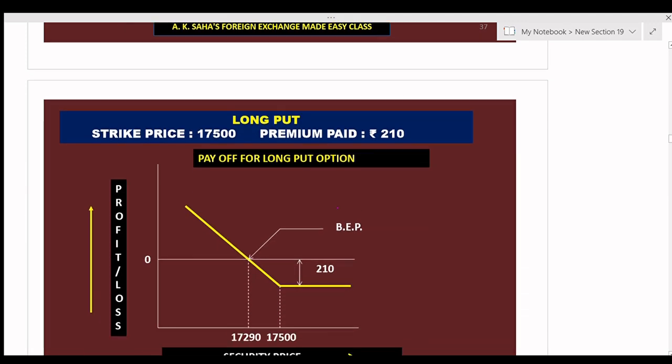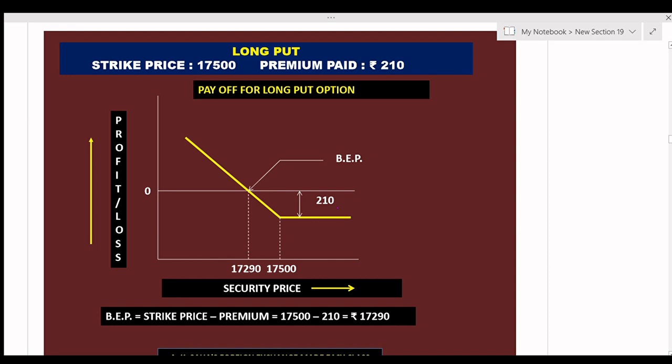Next is long put in equity share. Strike price is 17,500, premium paid is 210. It is the loss. If the spot price is higher than the strike price, then you will incur a loss of 210.